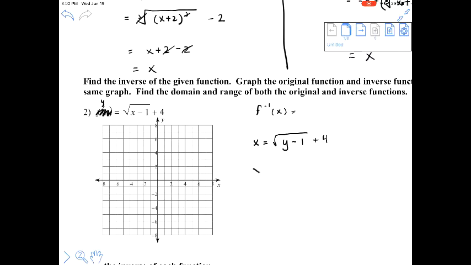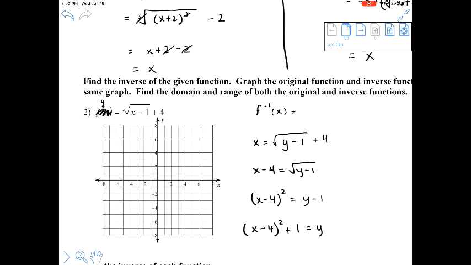And then I'm going to subtract the 4. Then I'm going to square both sides. And then I'm going to add the 1 to both sides.